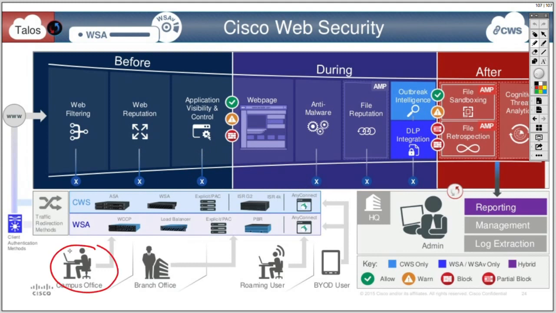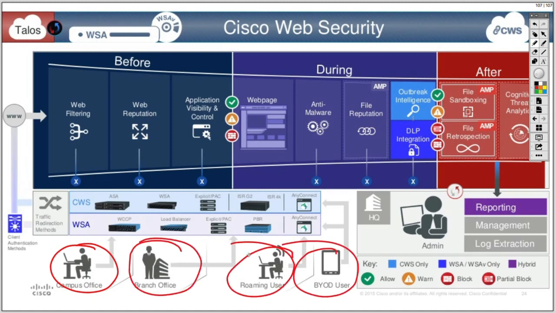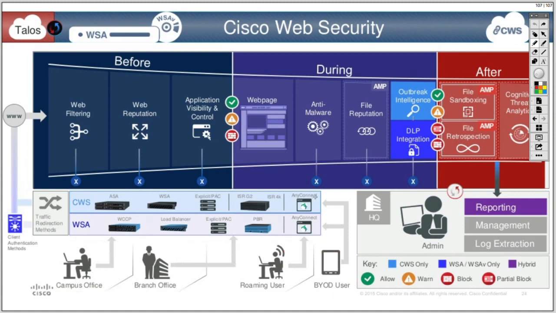We have web traffic from the campus, from the branch offices, from a roaming user, from a BYOD user, regardless of the user type. Somehow, through the connectors or through redirection, transparent or explicit proxy, the traffic is going to be inspected by the cloud web security or the web security appliance, and both options support pretty much the same features and security functions.